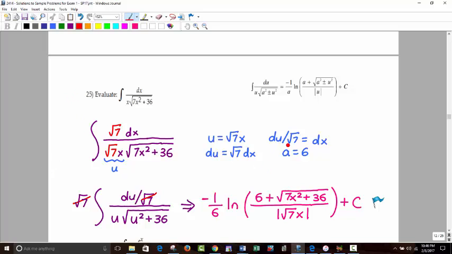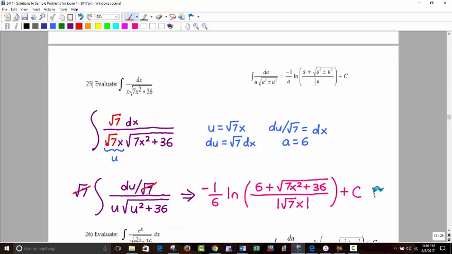Actually, the square root of 7 is taken care of right here. Looks like I did it a couple of different ways. I'm not sure what I did here. But I know I had to put the square root of 7 here to make this, oh yeah, that just comes out. Then they end up all canceling anyway. I had to force the square root of 7 top and bottom to make that part be u, because the x by itself is not u.